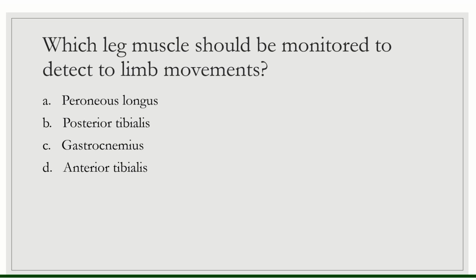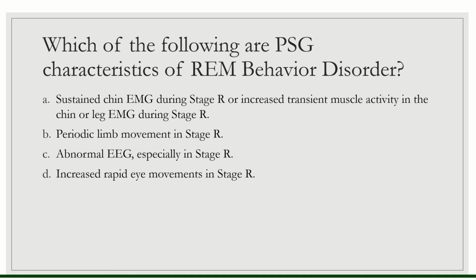All right, so which leg muscle should be monitored to detect limb movements? The answer is D, but I think you already knew that. All right, which of the following are PSG characteristics of REM behavior disorder?